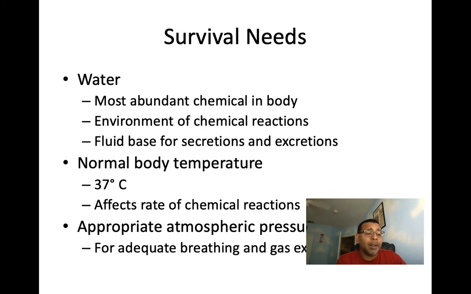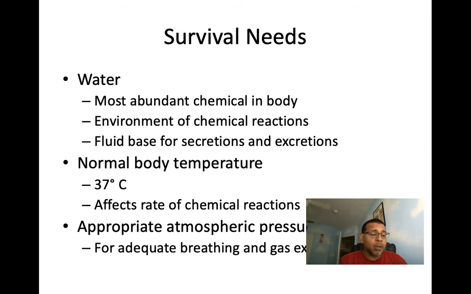Total body water is about 42 liters. Water provides the watery environment that's necessary for chemical reactions and the fluid base for body secretions and excretions.